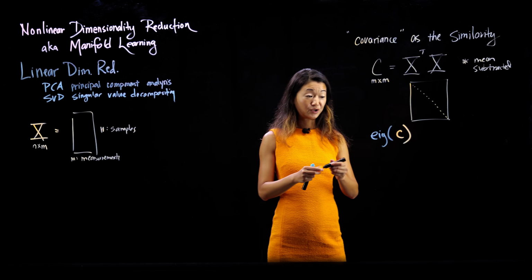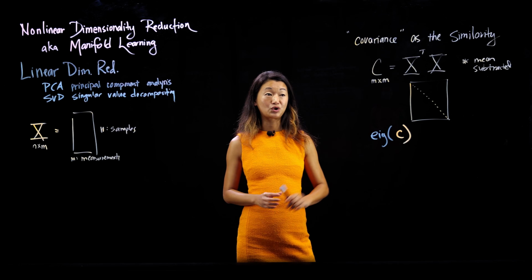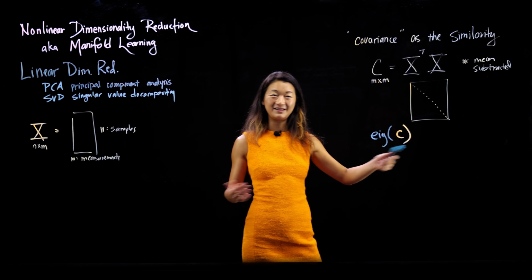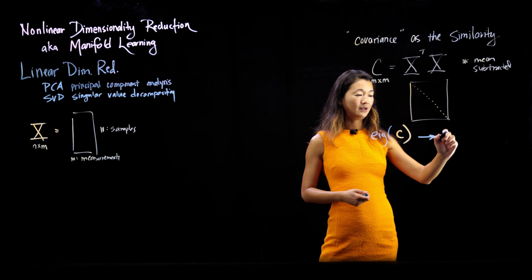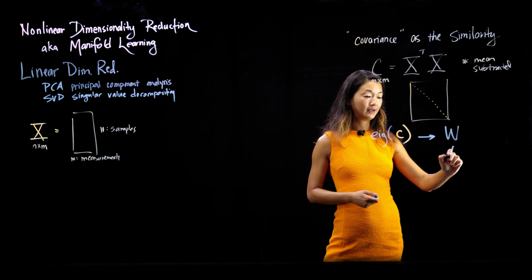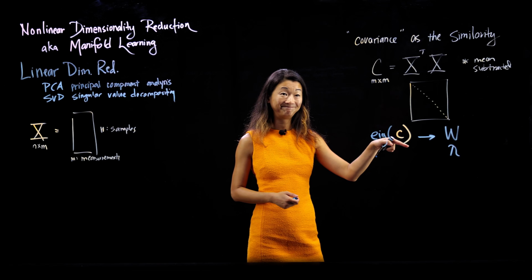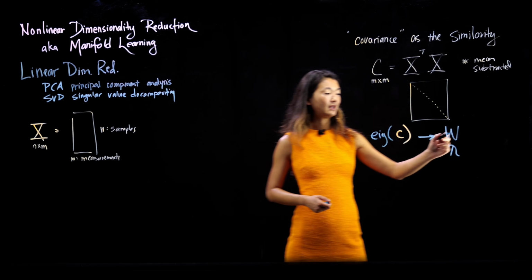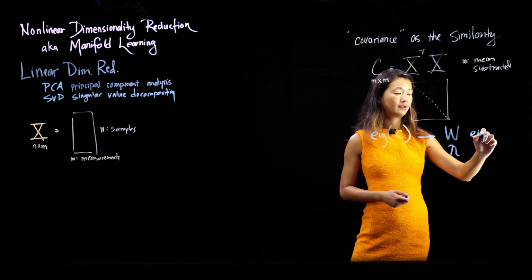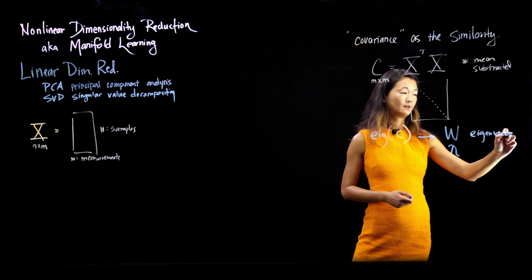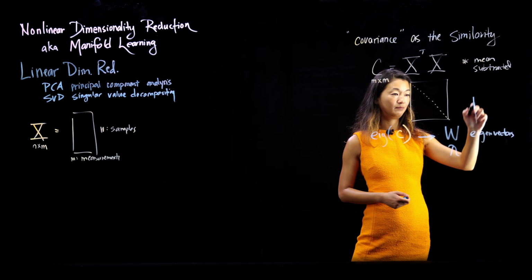Okay? And if I do that, because of all its special properties, I'm going to get a bunch of eigenvectors and eigenvalues, m of them, right, because it's the m by m matrix, and where these are the eigenvectors in kind of a matrix way.